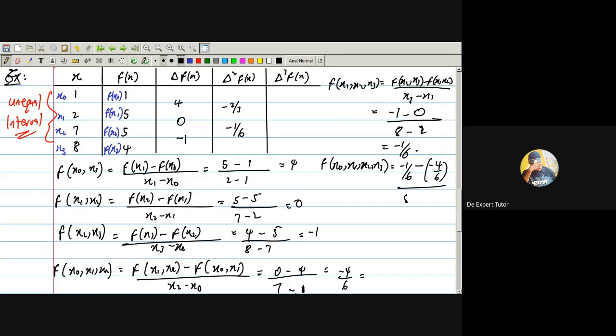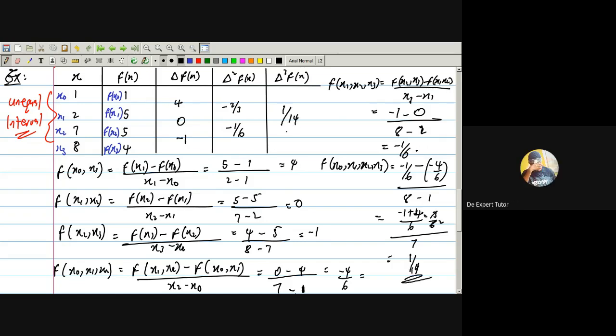That's 8 minus 1. So this will give me minus 1 plus 4 over 6, then all over 7. This gives 3 over 6, which is 1 over 2, and that's 1 over 14. Exactly. So this is 1 over 14.